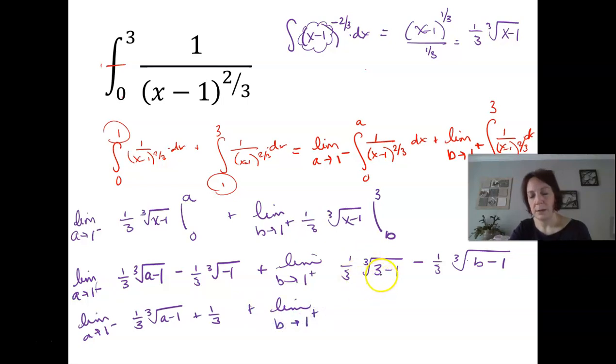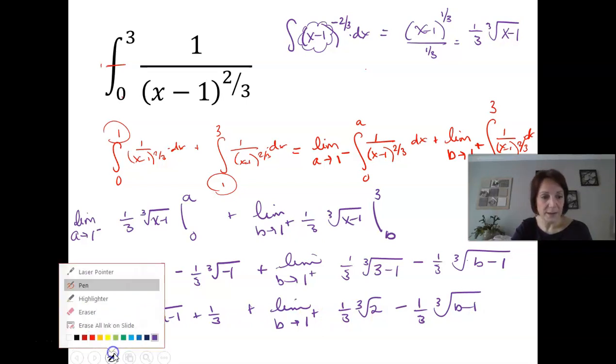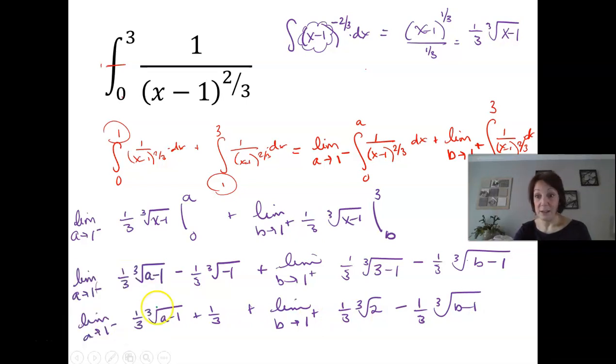So here, let's see, 3 minus 1 is 2, so this is 1/3 cube root of 2. And then when you approach, I'll just write, you didn't do the limit in the other one yet either. B minus 1.